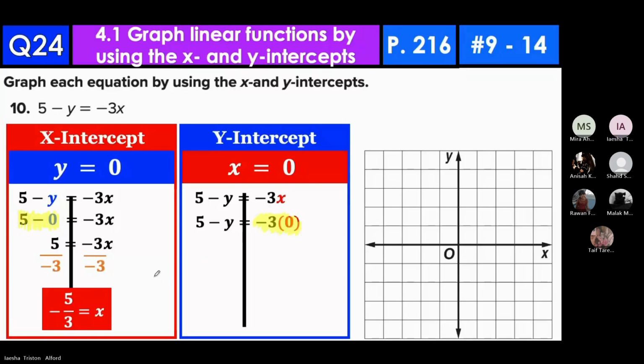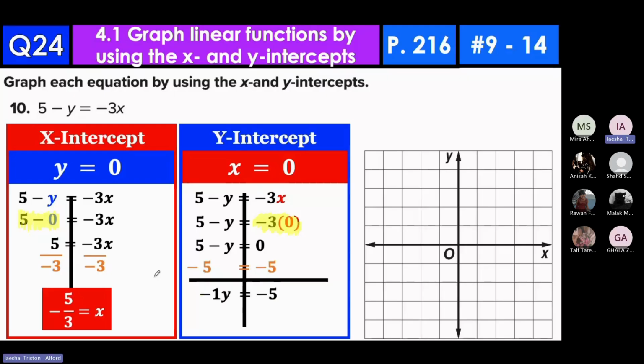Okay, solve. Subtract 5 on both sides. So you get this: negative 1y is equal to negative 5.